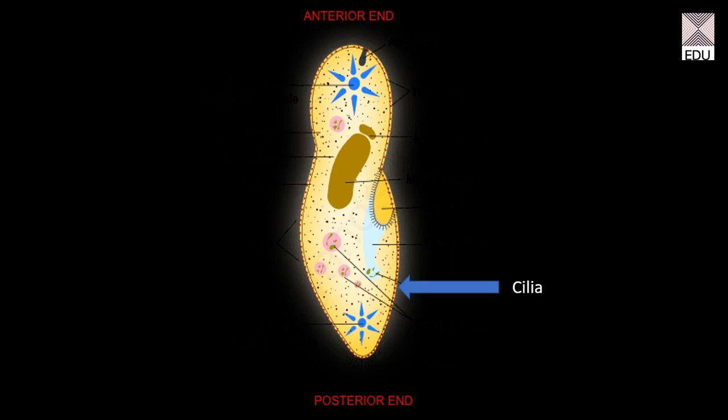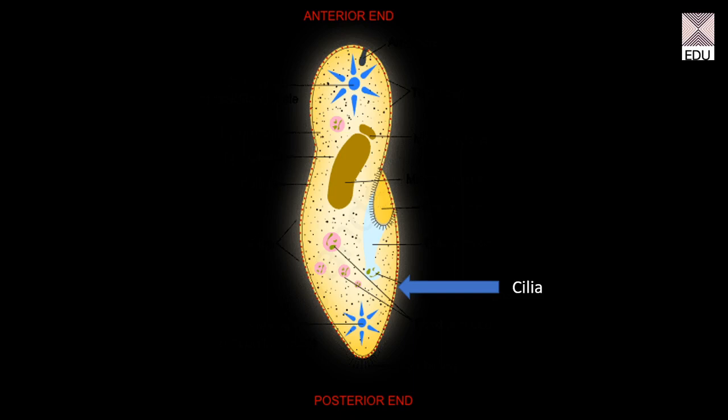They are moving at an angle, about 15 to 20 degrees to one side. That's why they tend to move the paramecium spirally or anti-clockwise. So this is the first reason: the cilia are not moving exactly towards the posterior end. They are moving at an angle. That's why the paramecium moves anti-clockwise spirally.